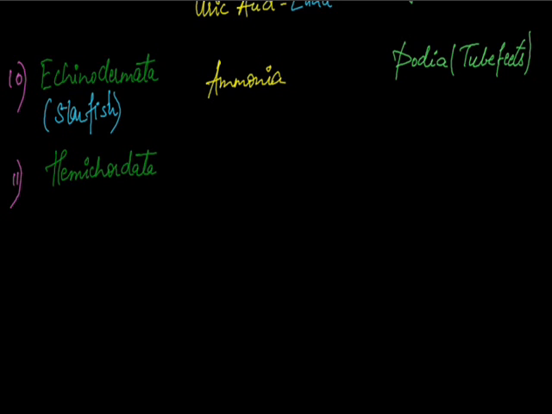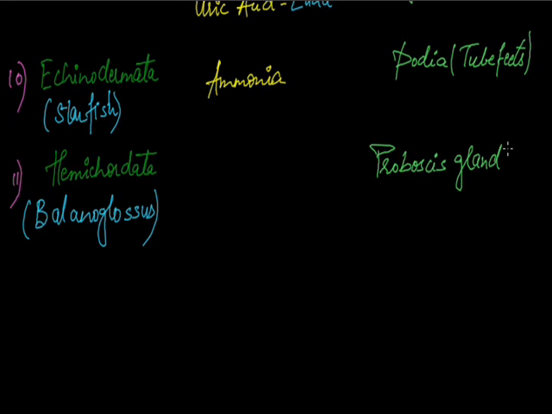The best example of hemichordate is Balanoglossus. In Balanoglossus, the main gland is called proboscis gland, glomerulus.